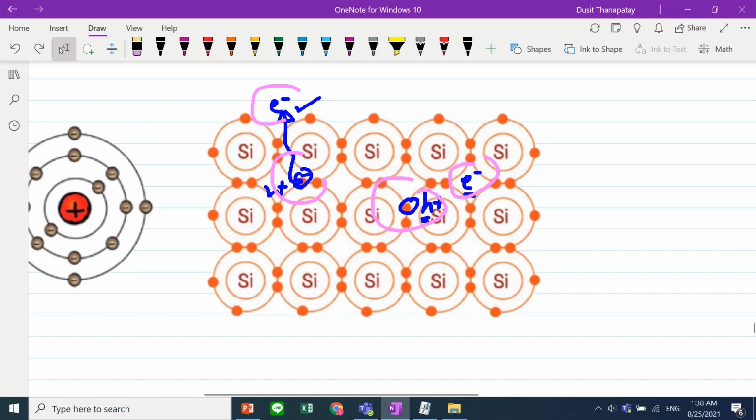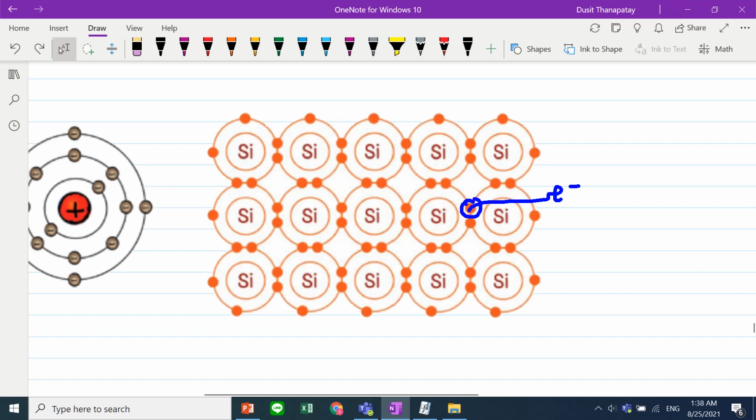And let's consider the hole. Okay, when this electron moves to some place, this region becomes a hole, this empty space. Can this hole move around in the crystal? Yes, it can. How? For example, this electron may move to this empty space and fill this empty area.